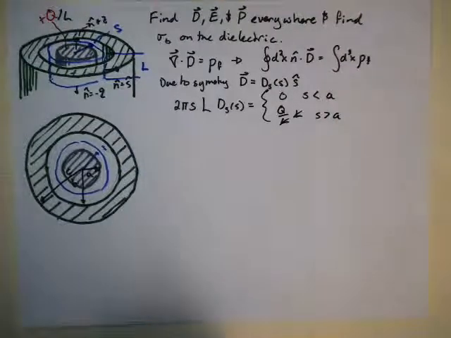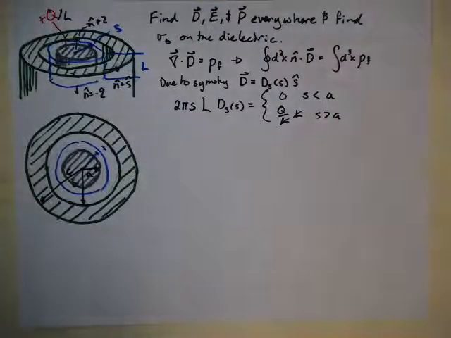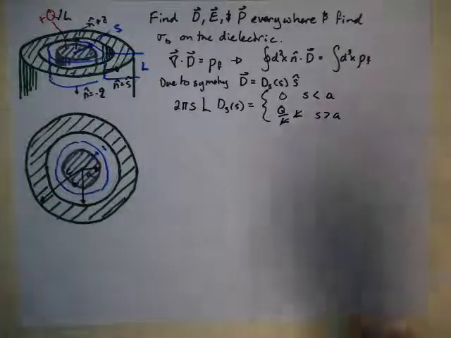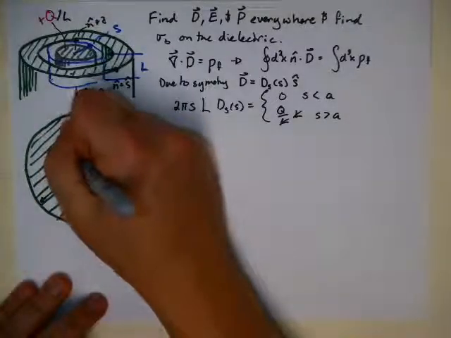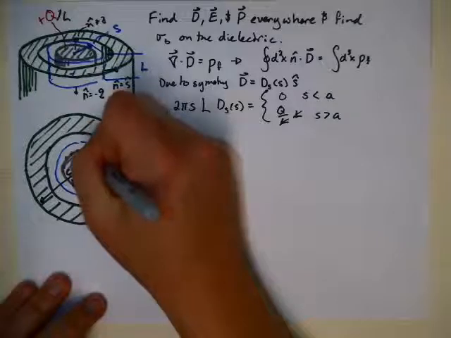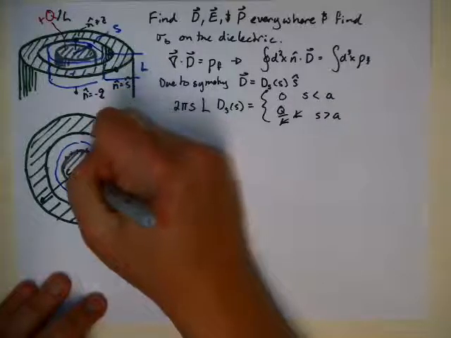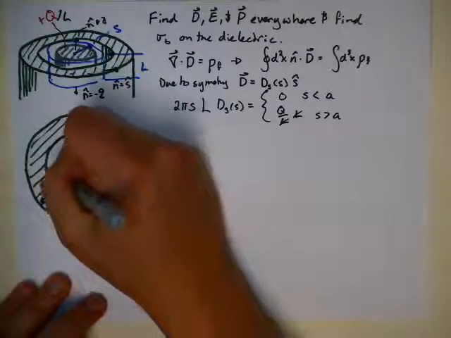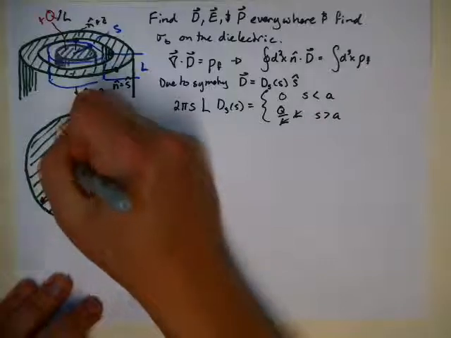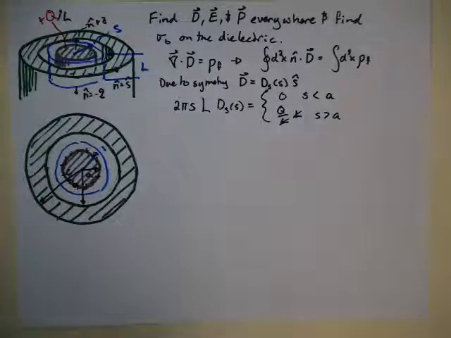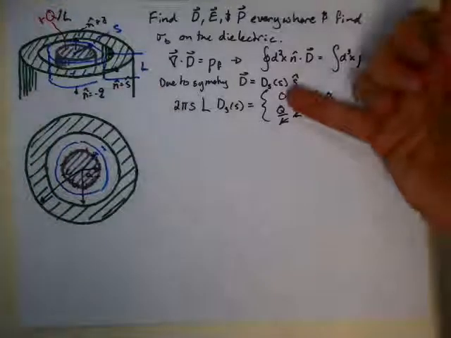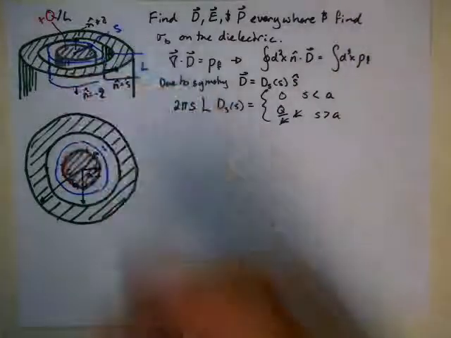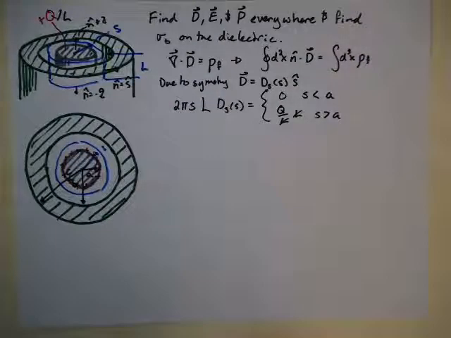The reason is that when you put free charge on a conductor, it all goes to the surface. We're not going to have any charge in the interior of the conductor, and that's one of the features of a conductor. So the integral, if I'm inside the conductor, is going to be 0 because there are no free charges in the interior of a conductor.